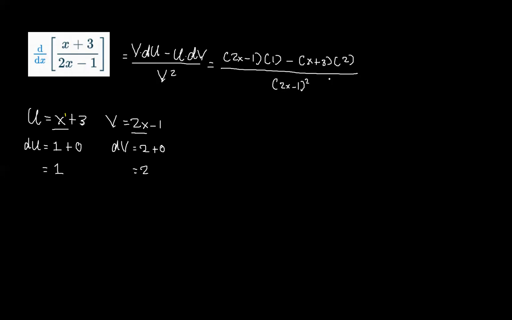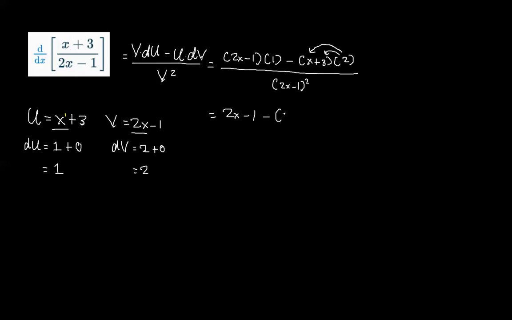Okay. Good. So now what we're going to do is we're just going to simply distribute. Okay, let's distribute 1 to each of the terms here. So you're going to have 2x minus 1 as a result. Because 1 times 2x is 2x. 1 times negative 1 will give you negative 1. So hence, it's still the same, 2x minus 1. Next here, we're going to distribute 2 to these terms.